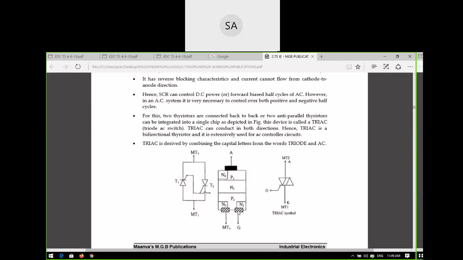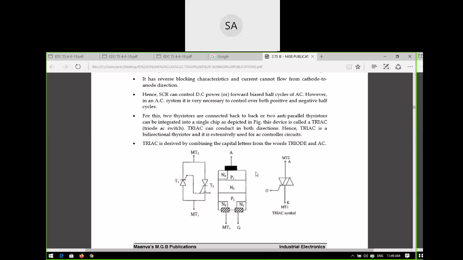So PN and NP layers: you can see 1, 2, 3, 4, 5, 6. The TRIAC is a six-layer device. How many junctions? Here 1, here 2, this is 3, this is 4, this is 5. So this is a five-junction, six-layer device.